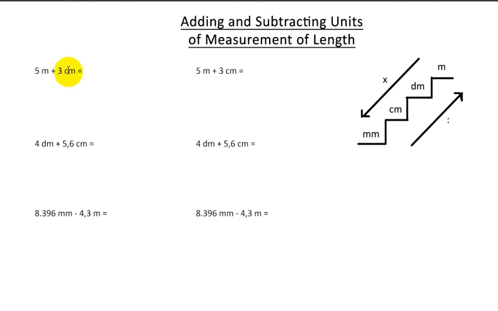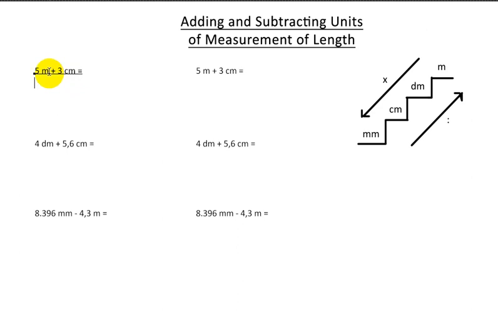The only thing that changes is the unit of measurement that your answer is going to be in. To show this, we're going to solve them twice. One time where we choose the first one, and one time where we choose the second one. That's why we've written them twice, and you're going to see that the value of the answer does not change. So, how do we solve these?